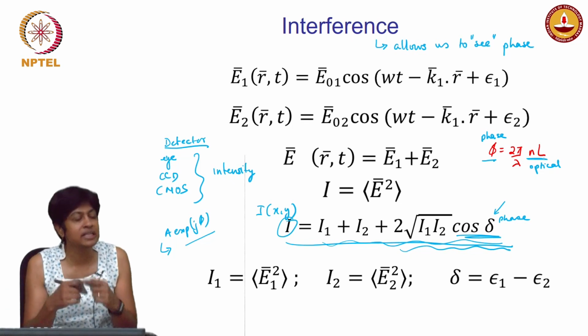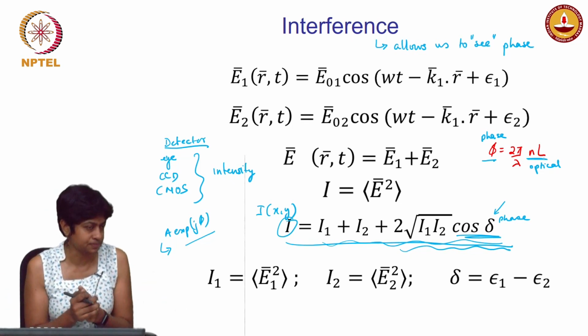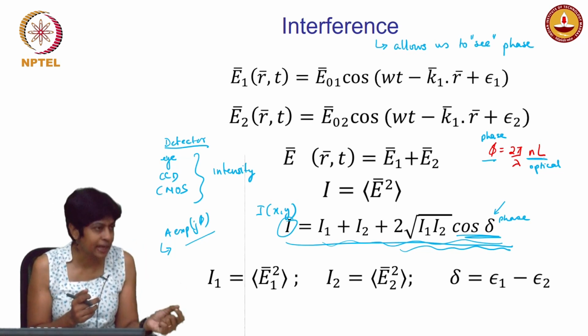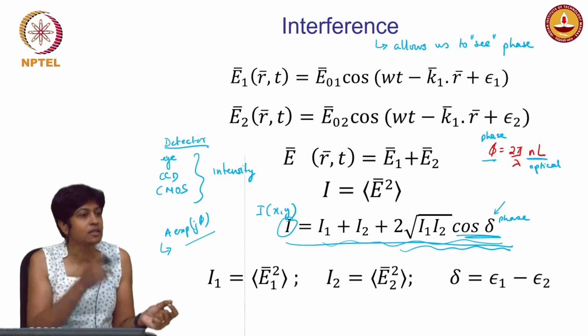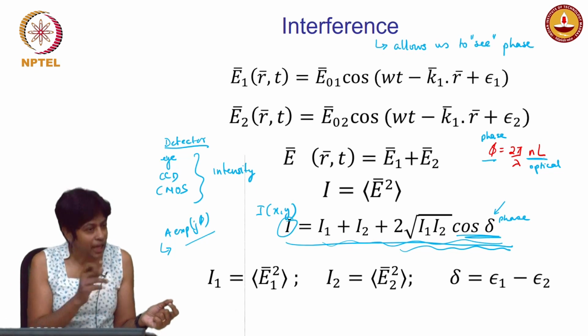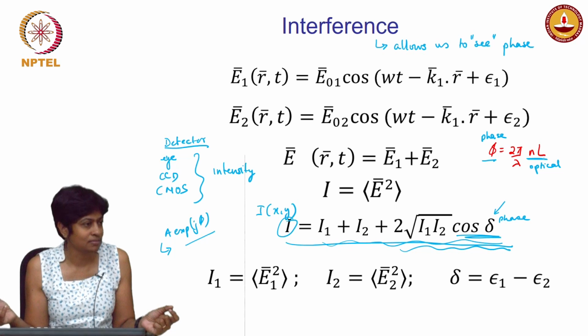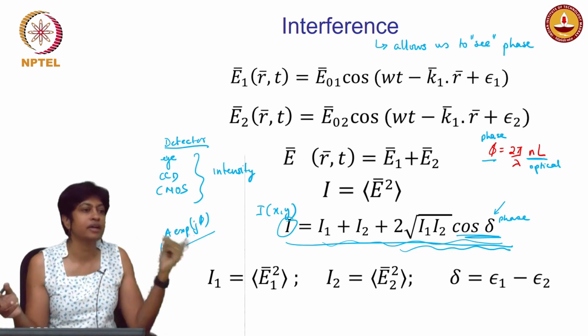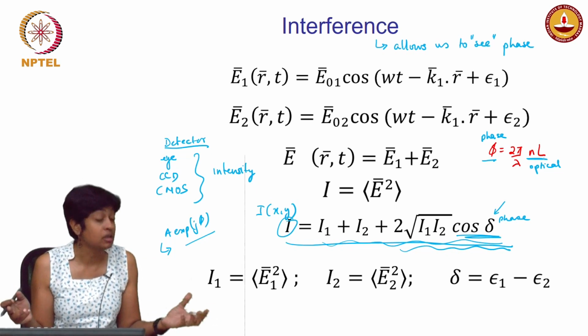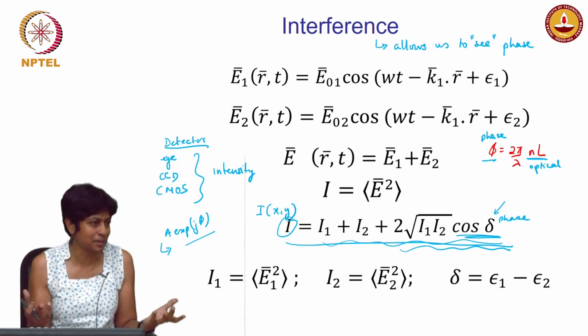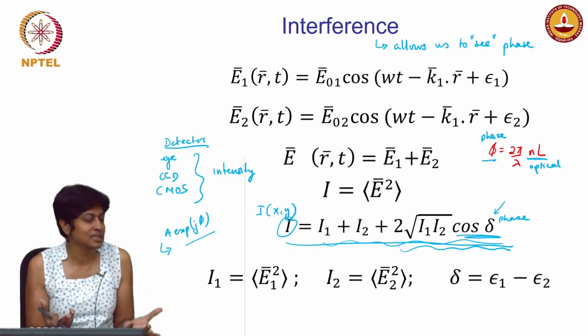That means the material expands or contracts. Now, if I can make some assumption about n, from the change in the optical path length, I can find out the change in L. From the change in L, I can find out the change in the temperature, or maybe the change in pressure, or the change in some parameter. Okay? So, I can use this as a sensor.